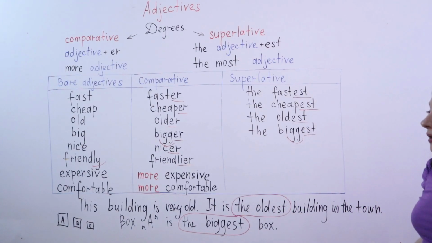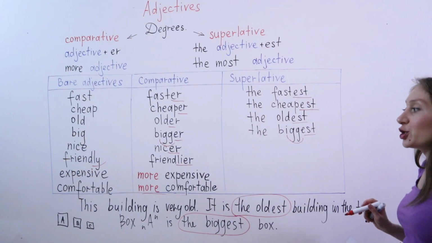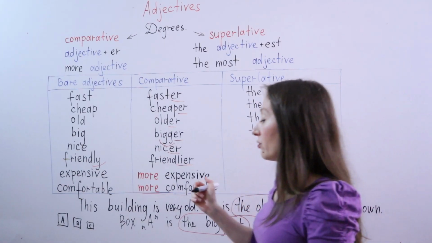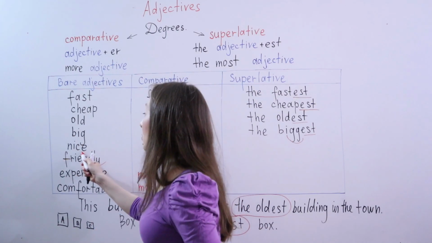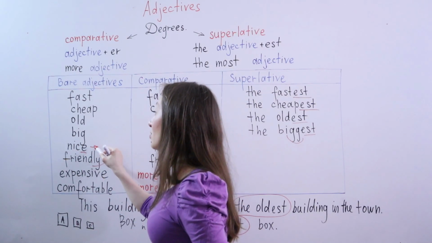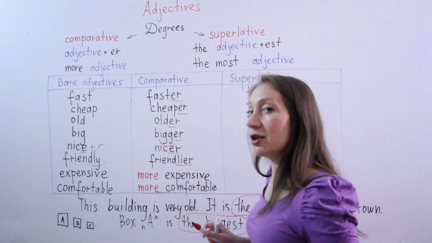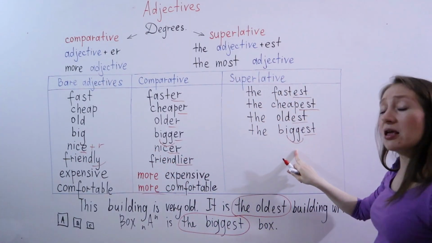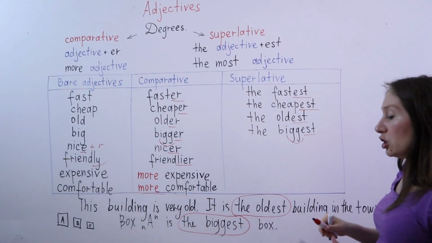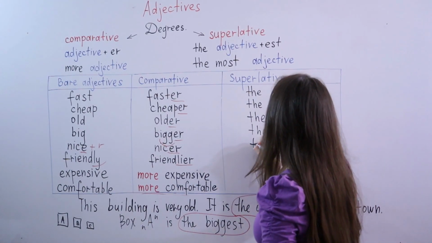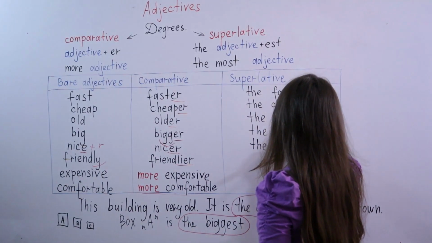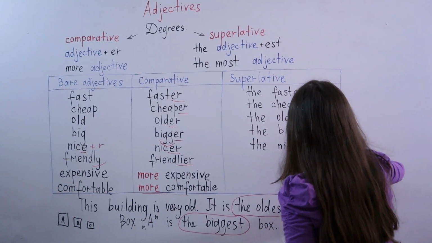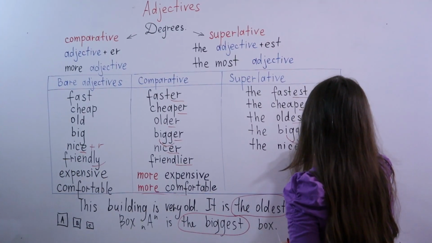So the next one, nice, nicer, and the nicest. Do you remember the rule? I told you that you have E letter, so you add just R, right? You already have E. That's why you have nicer. The same rule applies here. So we have the nicest, the nicest.